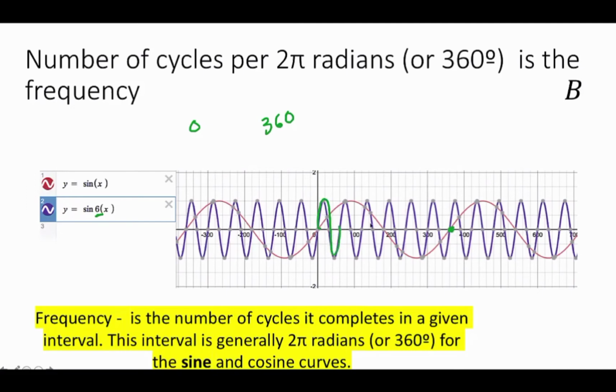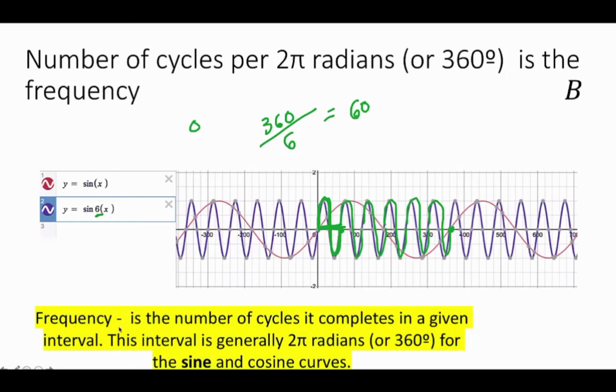You have 1, 2, 3, 4, 5, and 6. And what is now the period of sine 6x? The period is 360 divided by 6, which is equal to 60. And 60 is this point. So the period is 60 degrees. That is the length in the x coordinate for the wave to complete one cycle.